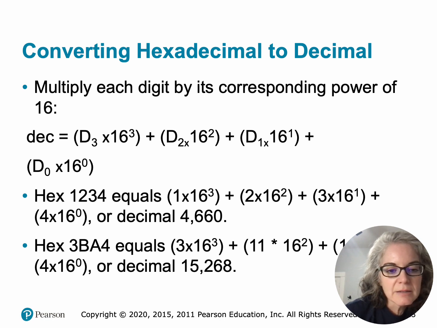So that is the exponents. So we're going to multiply whatever number. If this is the hexadecimal number, we're going to multiply 1 times 16 to the power of 3, 2 times 16 squared, 3 times 16 to the power of 1, and 4 times 16 to the power of 0.